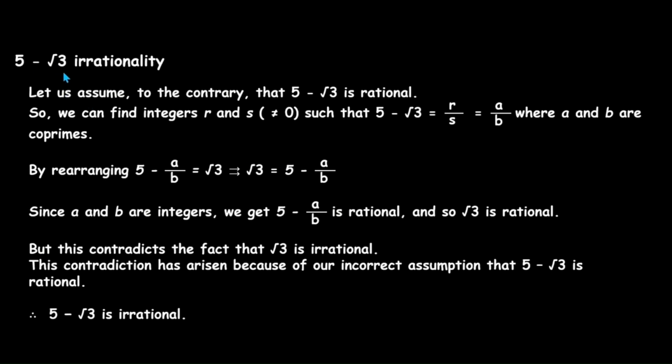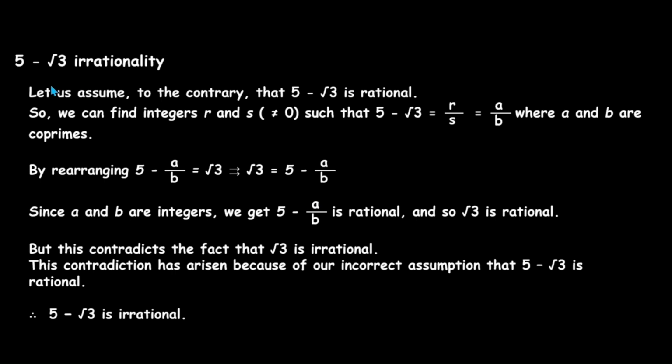Not only 5 minus root 3, but we can also prove 5 plus root 3, 5 into root 3, 5 divided by root 3 to be irrational following the same process. And in general, we can prove any combination of a rational number and an irrational number to be irrational, except when 0 is in multiplication or division, then they become rational.